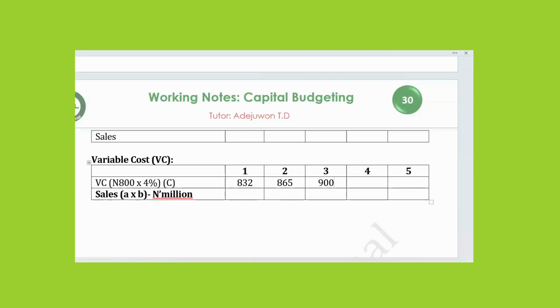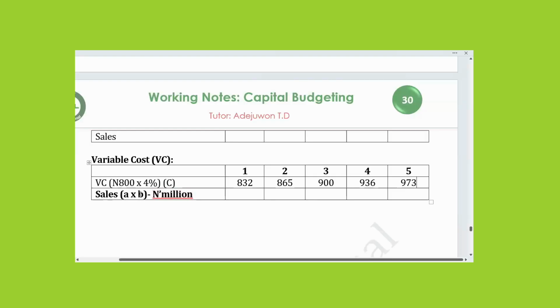So what you have in the calculator multiplied by 1.04. 936. The final year, 973. All right.